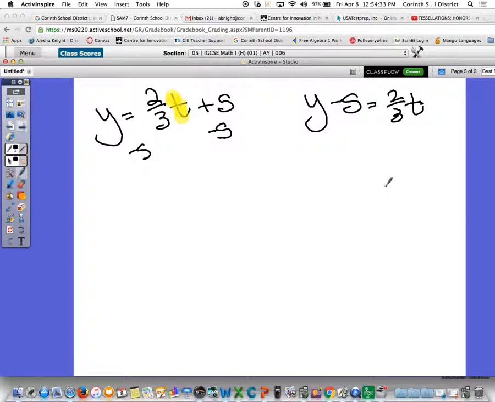Now, 2/3 and T are being multiplied, but I do not want this. No. We're not dividing by 2/3. Do I have a denominator up here? Yes. What is it? 3. So I'm going to multiply by 3. Tell me, did I do that correctly?